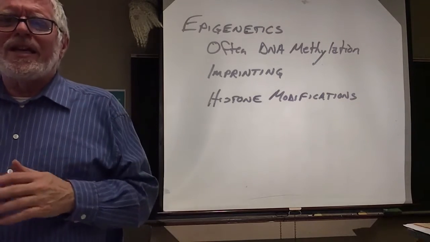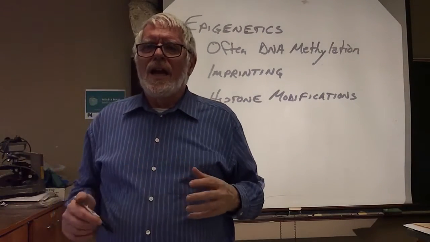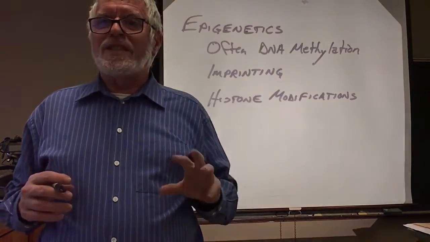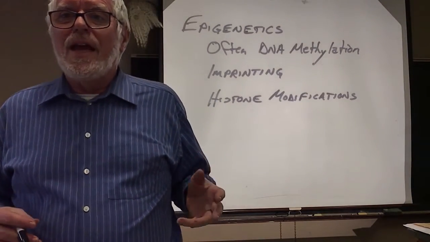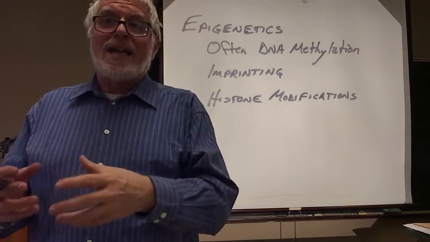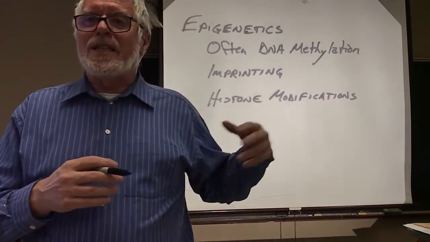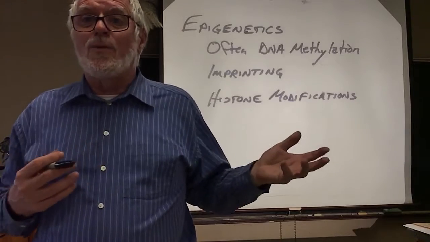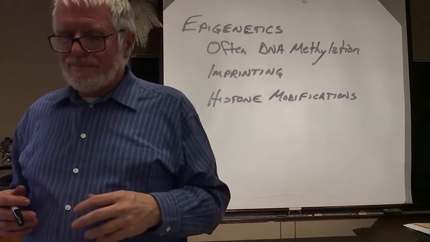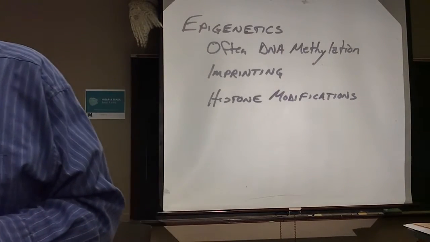There's a term I ran into in the last year. Remember, histones plus DNA are chromatin. And there's a term called active chromatin and inactive chromatin. Inactive chromatin has been acetylated in a way where you can't unwind it. Sometimes temporarily, sometimes permanently.